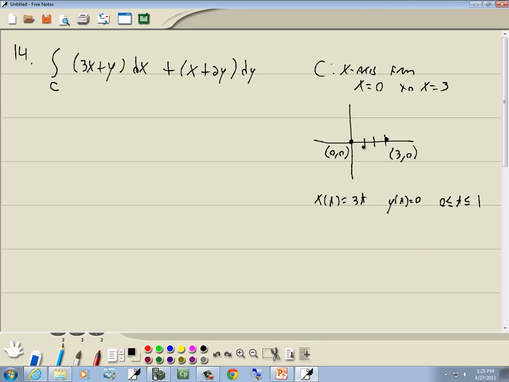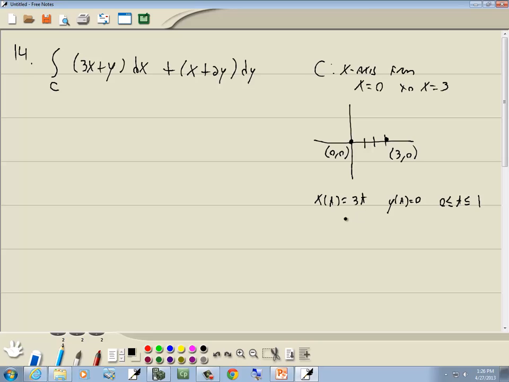Now again, it's pretty easy when you start at the origin. Because if I put 0 in here, 3 times 0 is 0, gives us our beginning x value. If I put 1 in here, 3 times 1 is 3, gives us our ending x value. And then y is always 0. I could also have gone from 0 to 3, and then this would have been t.